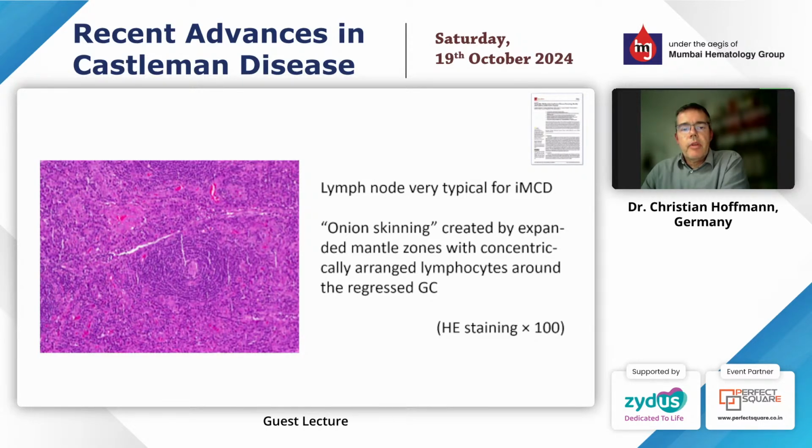So the colleagues decided to perform a lymph node resection, and the lymph node showed very typical findings, typically onion skinning in the enlarged mantle zones, and the concentrically arranged lymphocytes around the regressed germinal center. But this was clearly a severe idiopathic Castleman.